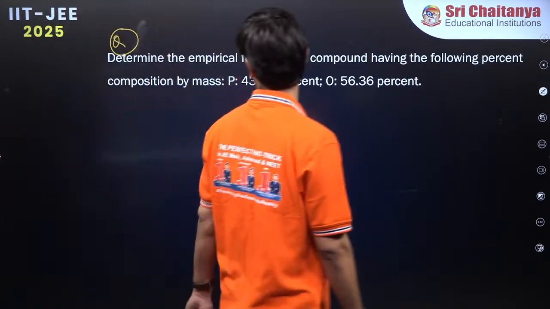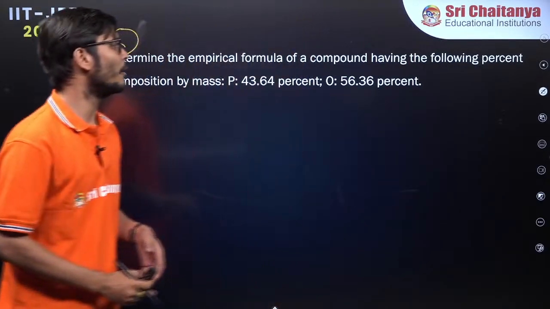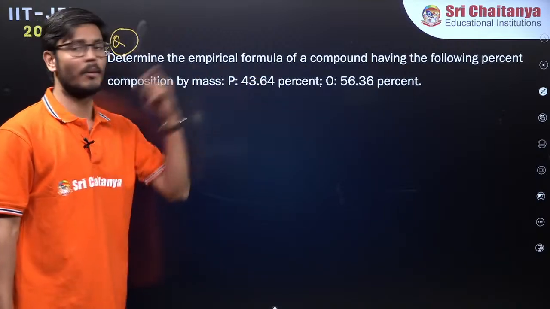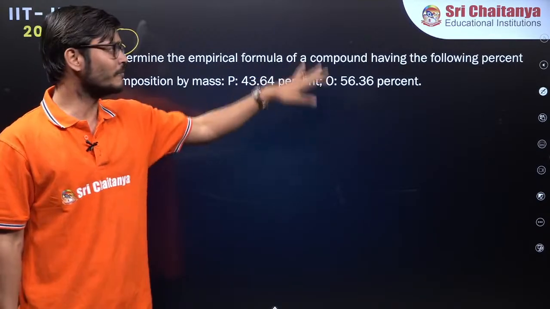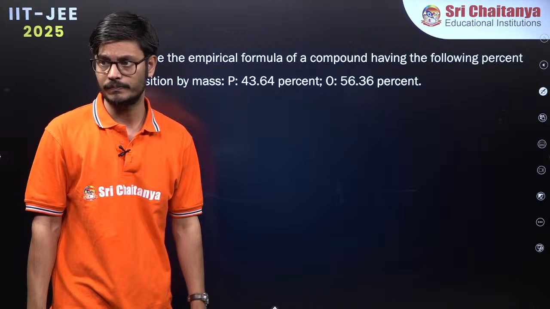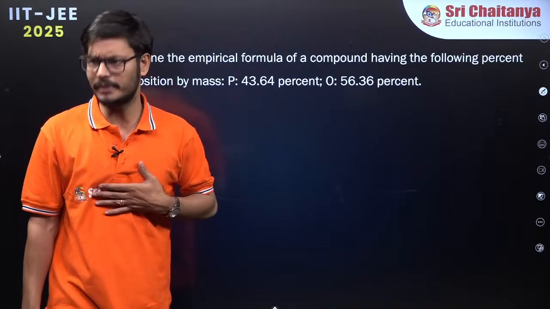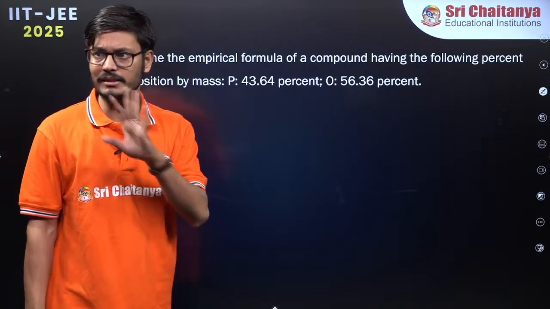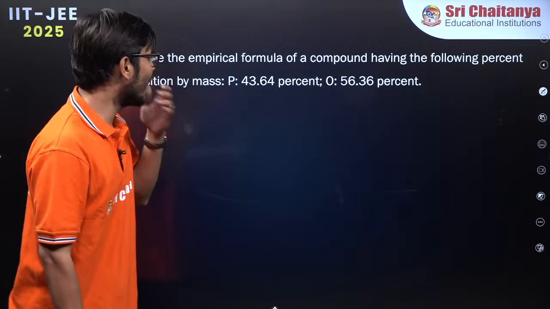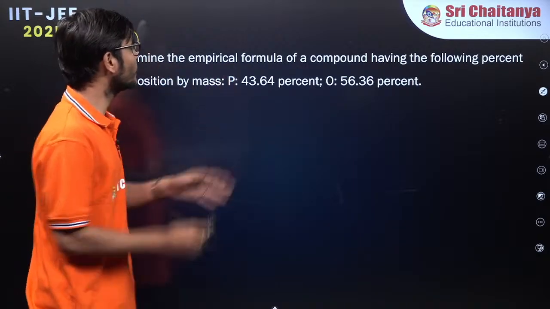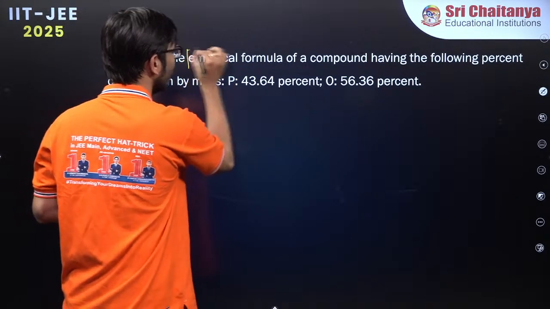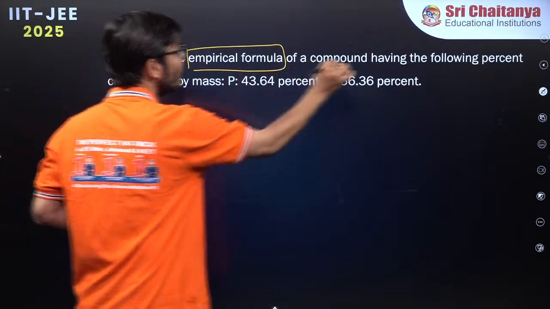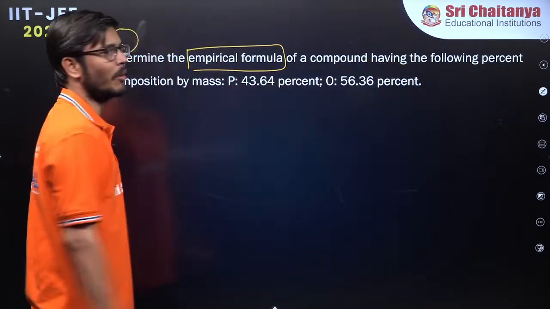Determine the empirical formula of a compound having the following percentage composition by mass. Now this is a very favorite question of JEE Mains. Why is it necessary? I am coming to that. So now we have to find the empirical formula of a compound having the following percentage composition.